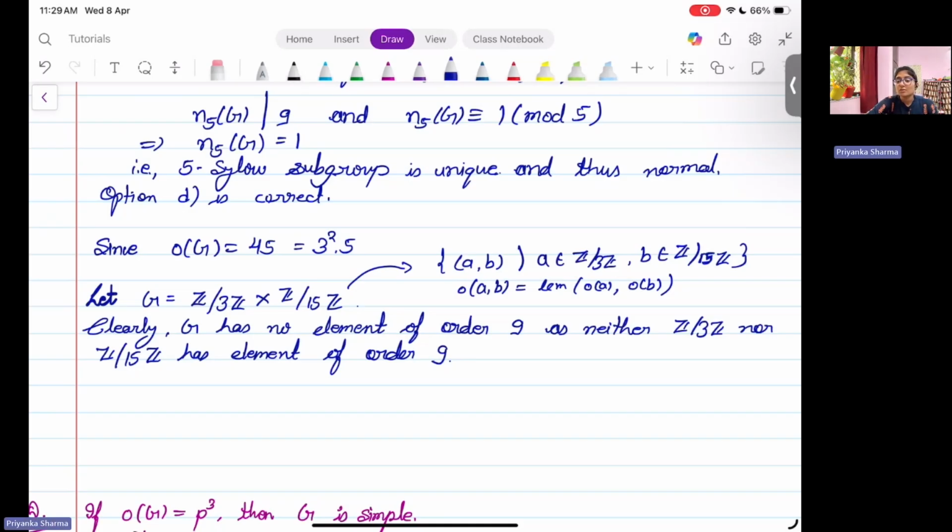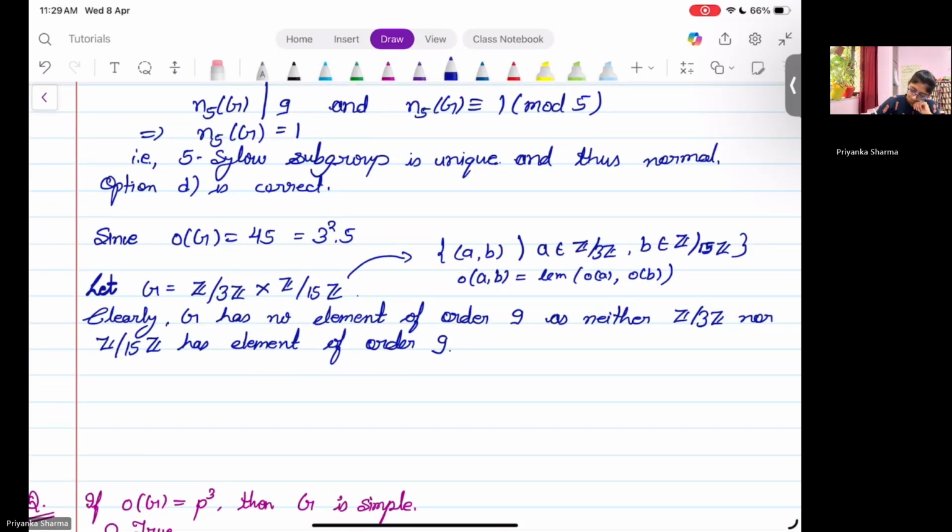So the LCM cannot be 9, and this order of B cannot be 9 either. So option A is incorrect.